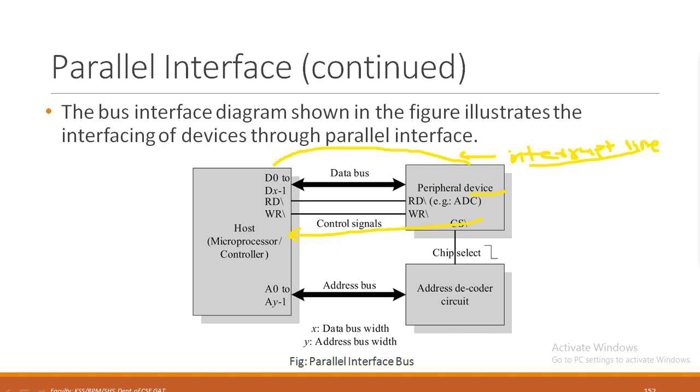The interrupt line is not shown in this diagram. So the device uses this interrupt line to interrupt the host, to say that this device is waiting for communication. Once the host acknowledges the interrupt, the communication between host and device will start.